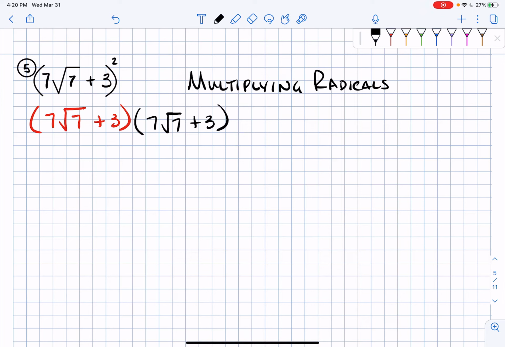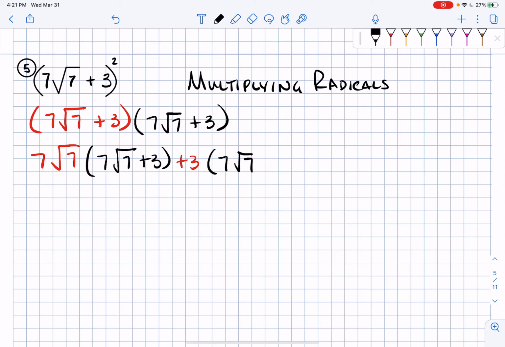Okay? So then I would double distribute or FOIL. So I can write this out, expand it a little bit more.